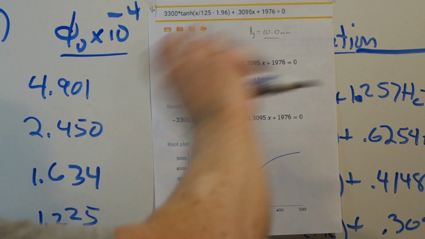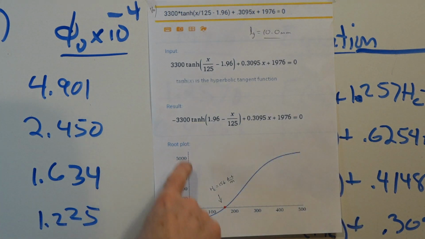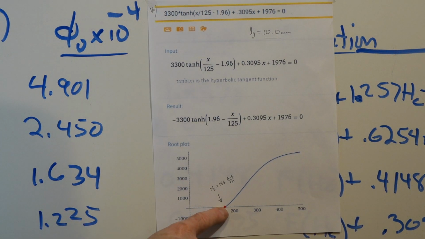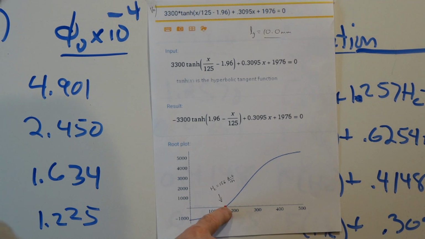And then let it solve. And it gives you a graph. And the root plot is, there's the root of the equation. And all you have to do is move your cursor over there, and it gives you the xy coordinates. The x coordinate in this case is x is 156.